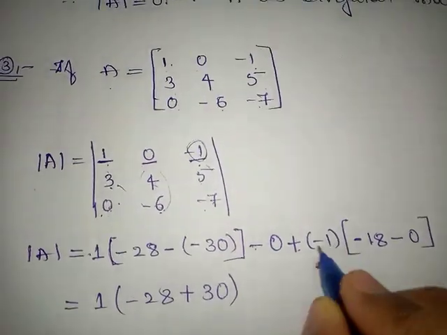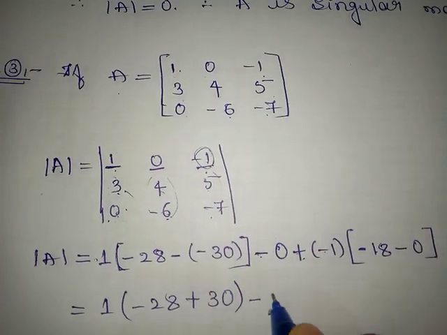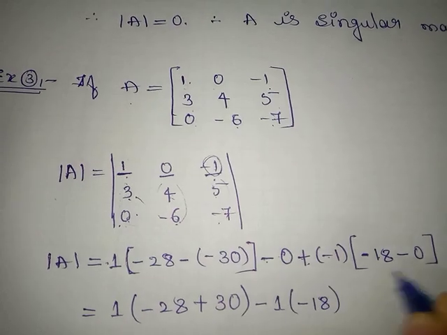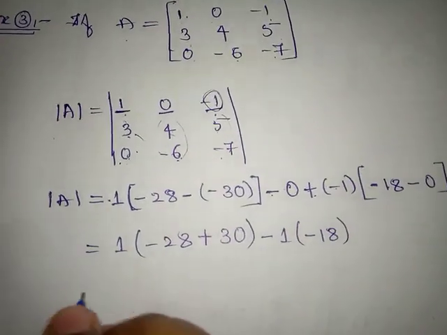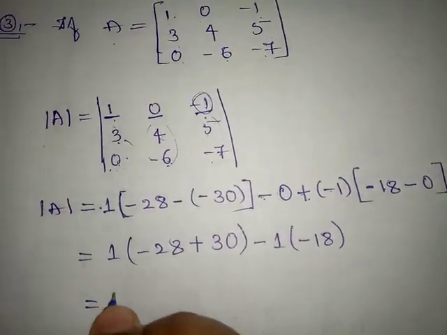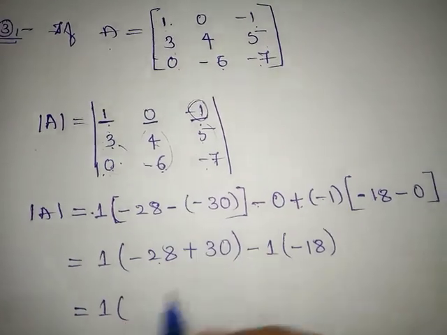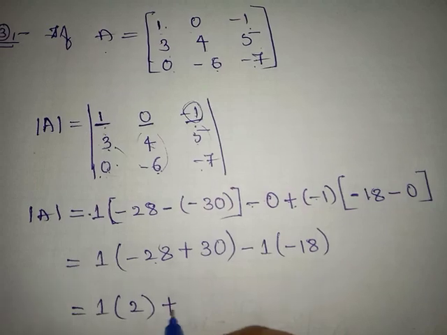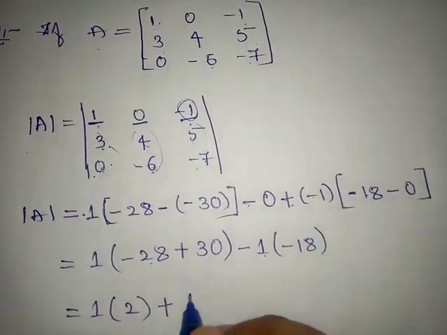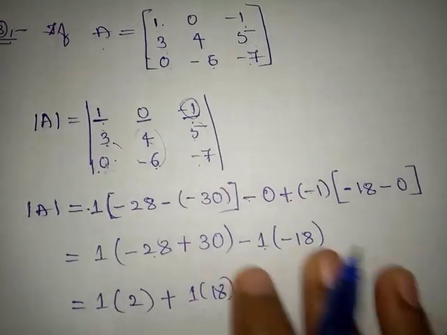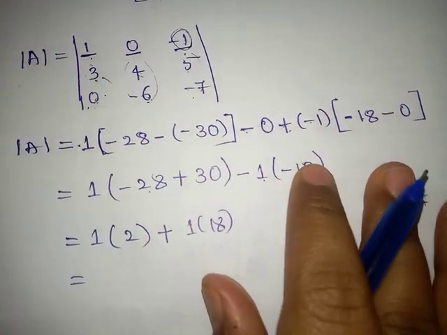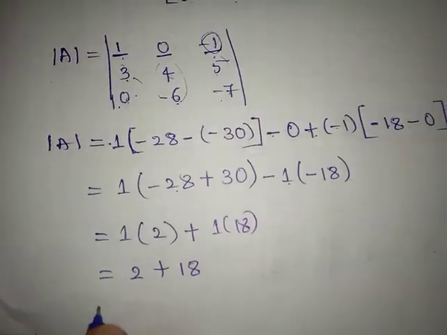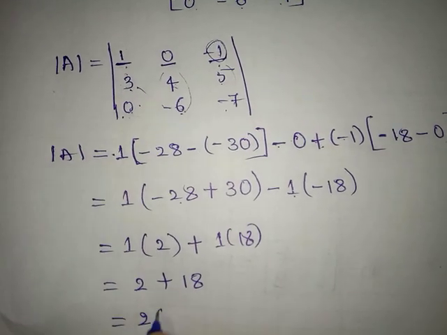This is 0. Then plus, minus 1 into minus 18: minus 18 minus 0 is minus 18. Then it will be 1 into minus 2, minus into minus is plus, 1 into 18, which is equal to minus 2 plus 18, which is 20.